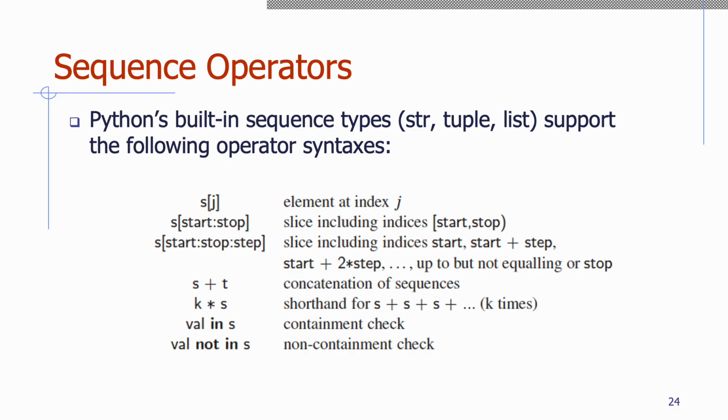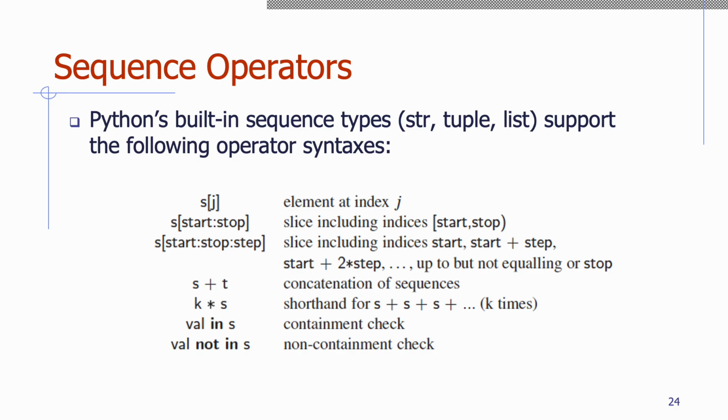This slide shows some operators that we can use for built-in sequence types: string, tuple, list. So we have S[j], meaning element at index j.